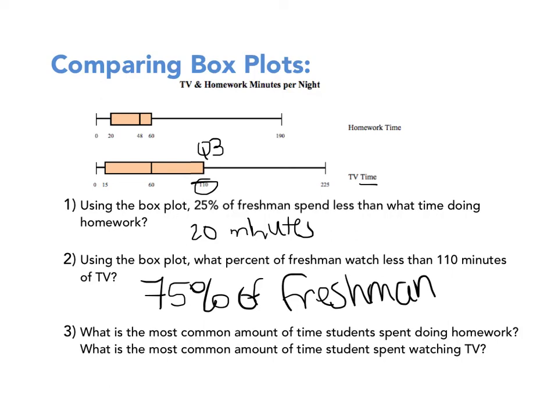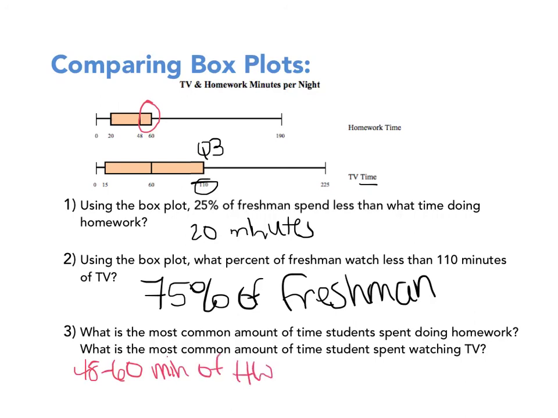Now, question 3 is, what is the most common amount of time students spend doing homework? What is the most common amount of time students spend watching TV? So remember, in box plots, most common is the smallest piece, the most concentrated. So I see my most concentrated piece here for homework, between 48 and 60 minutes of homework.